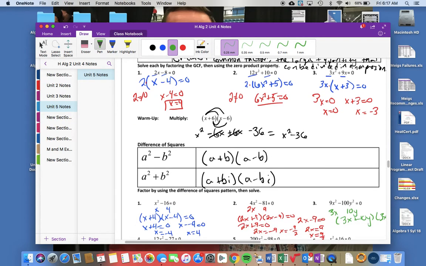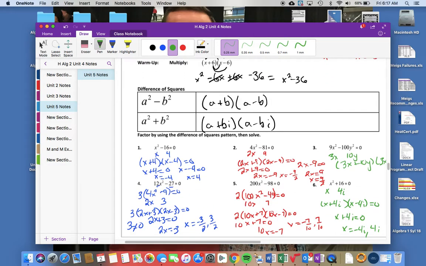And then we looked at differences of squares, whether it be with real numbers or complex numbers, and looked at taking square root of each term, using those to set up your factors, and then using zero product property to solve. So this is kind of our first alternative to quadratic formula that we've seen. So quadratic formula is one way to solve quadratics.